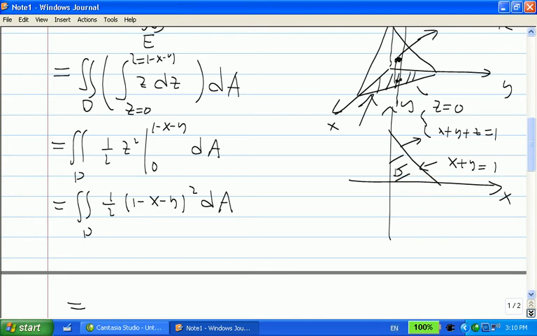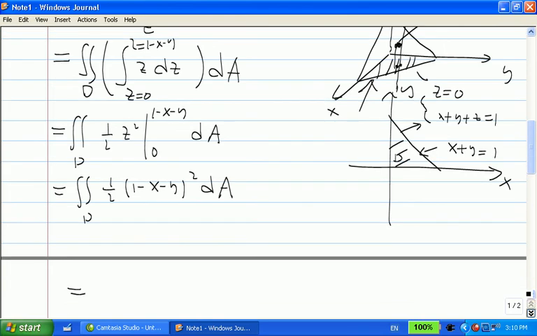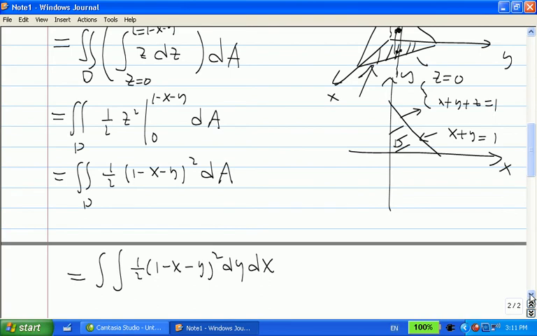Now let's go back to the double integral. For the given region D, how do we describe this? You can write your dA either as dy dx or dx dy. For this case, it doesn't matter which way you go first. Now let's go dy dx.